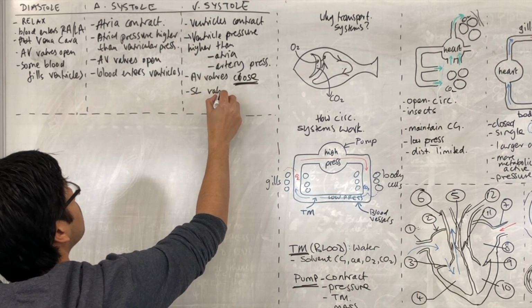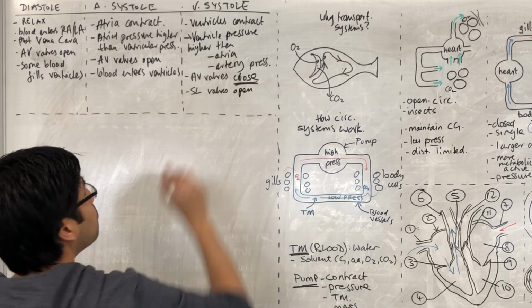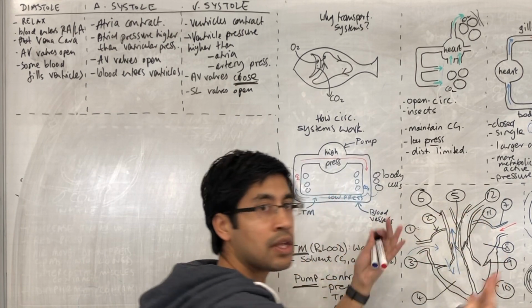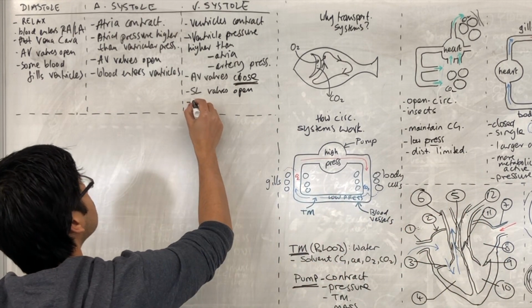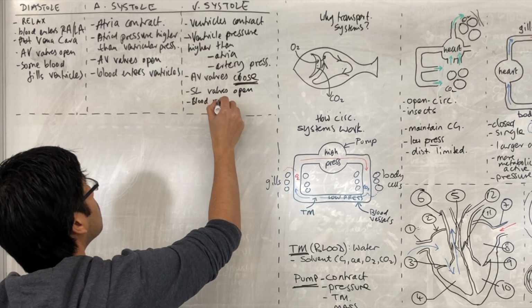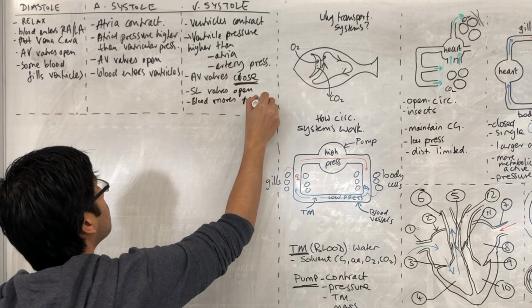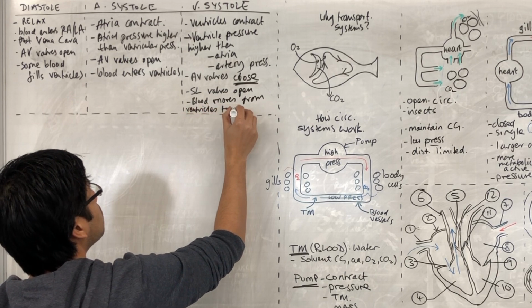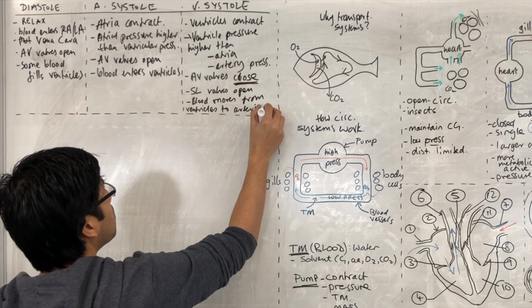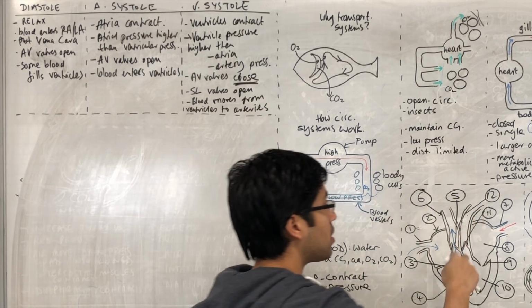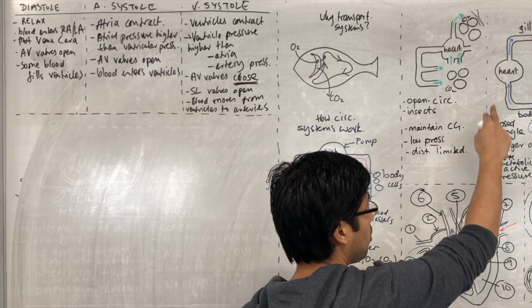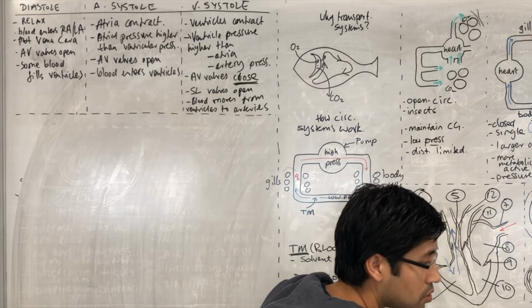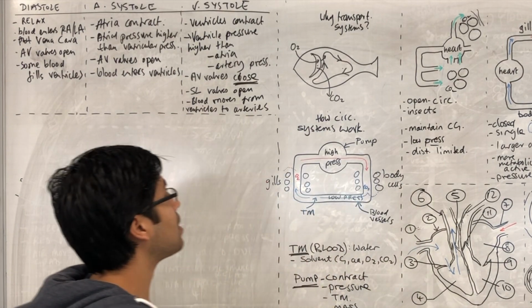So semilunar valves open, blood moves from ventricles into arteries, and out it goes. From this side, the deoxygenated blood will go to the lungs, and from the left side, the oxygenated blood will go to the rest of the body in the systemic circulation.